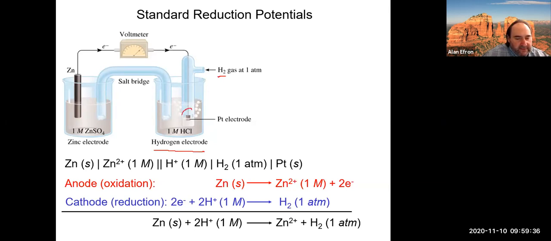Here the physical cathode is actually a platinum electrode. Because it's hydrogen gas, there's no real solid version of hydrogen. So sometimes something like platinum or graphite is used as the physical electrode, some inert substance that's not going to react, other than being a physical electrode for this reaction to occur.